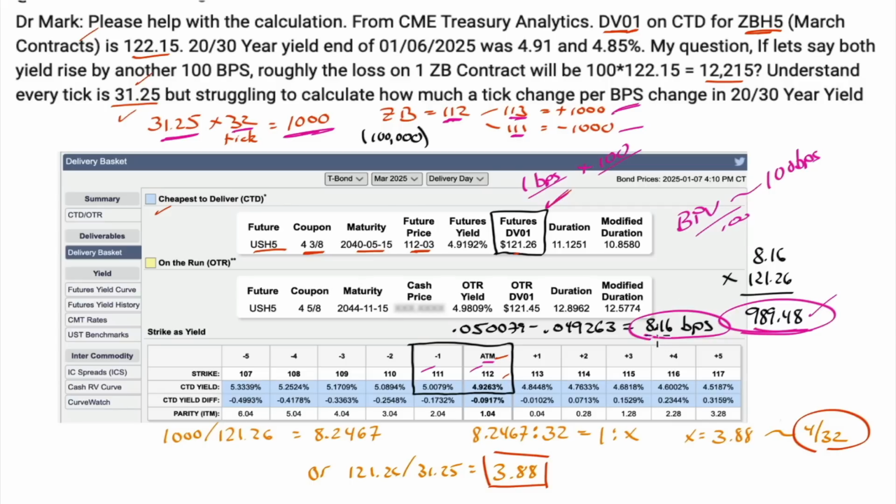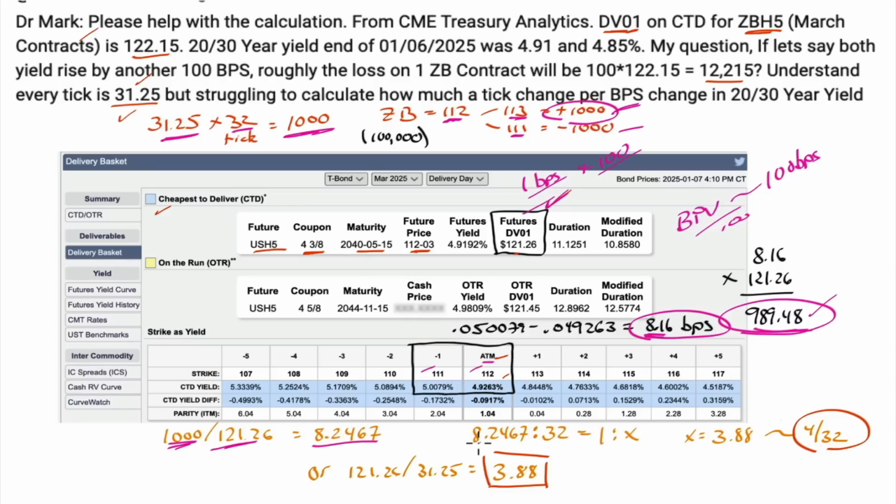And that is 8.16 basis points. So if we take $1,000, which is the change, and divide it by 121.26, which is the DV01, you get 8.2467, or every 8.25 basis point change in the yield on the cheapest to deliver will be a $1,000 gain or $1,000 loss.